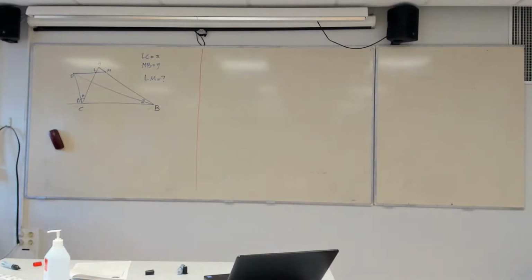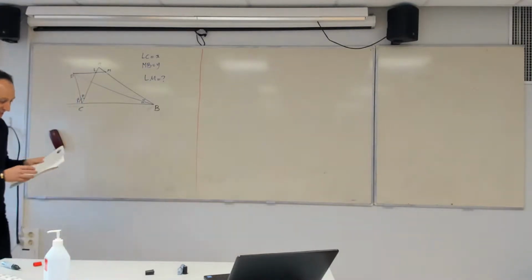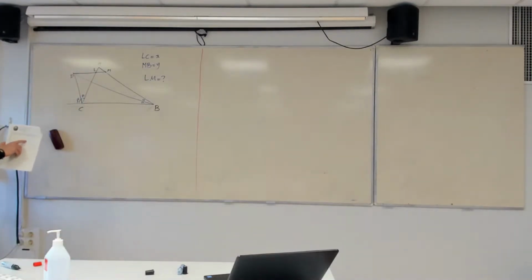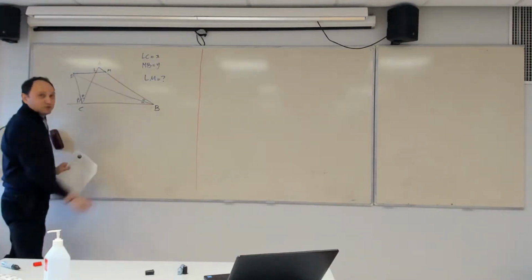It means that two sides are equal. It's not clear from this picture which two sides, but let us rely on our logic. Hopefully DM is equal to MB. It's a very bad picture, but DM is supposed to be equal to MB.